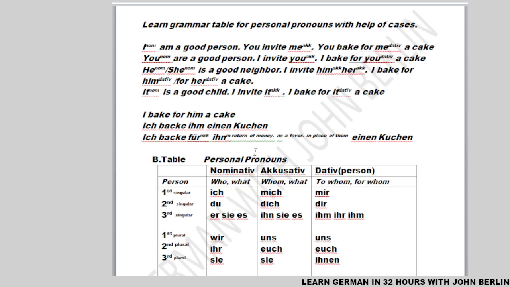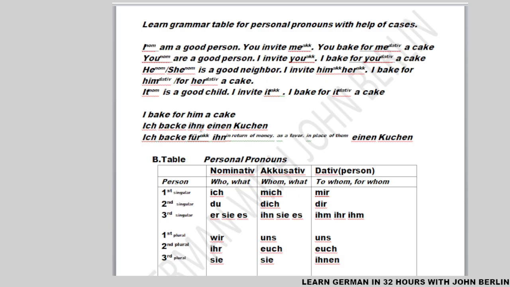So that is the meaning which comes out. For example, I do something for him because he has given me money, or he has asked me for a favor, or I'm just doing something which he had to do. I'm doing it in place of him. That could be the meaning in this sentence.